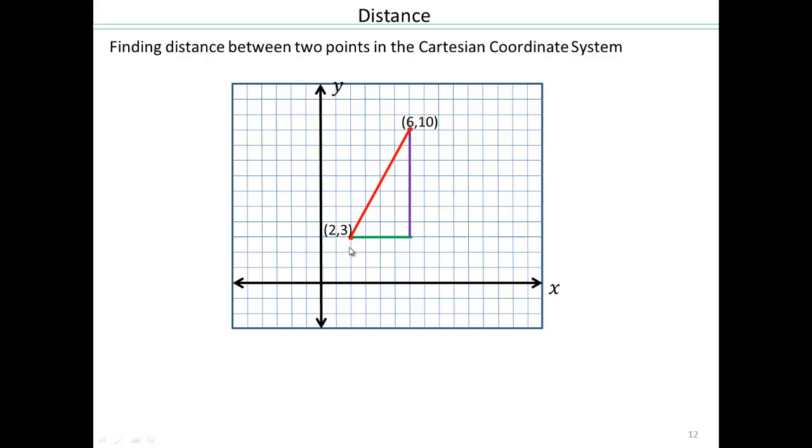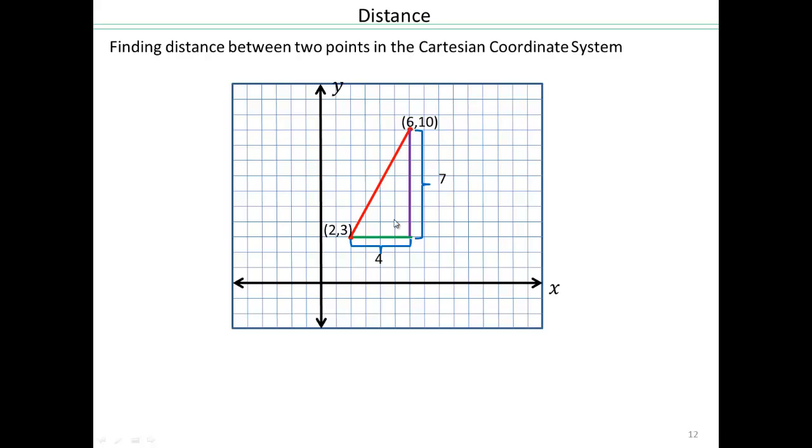Well, you can see we have formed a right triangle here, and many of you might remember what to do next. We know how to compute distance just on the number line. From 2 to 6 is the absolute value of 6 minus 2, which will be 4, and the absolute value of 10 minus 3 is 7.